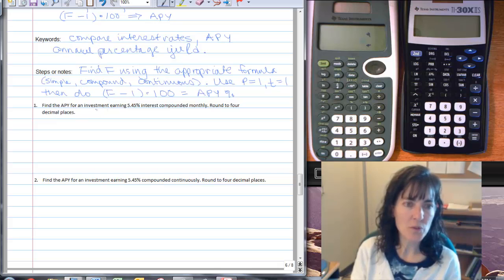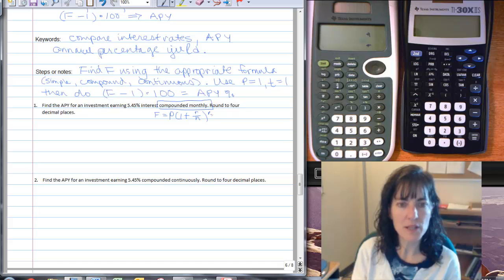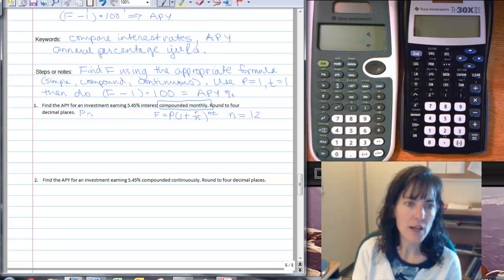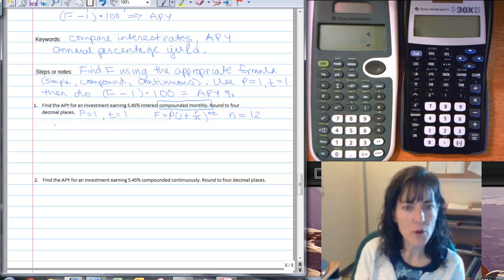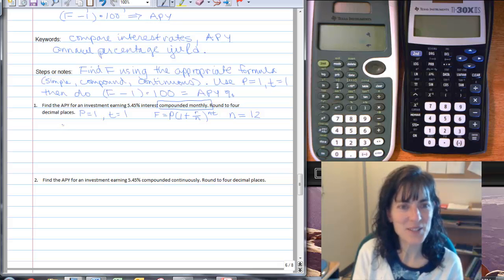So because it says compounded monthly, I know 2 things right there. One is that I need to use F equals P times the quantity 1 plus R over N raised to the NT power, and my N is 12. Now remember, my P has to be 1 and my T has to be 1. So I'm going to plug all 3 of those values into this formula.